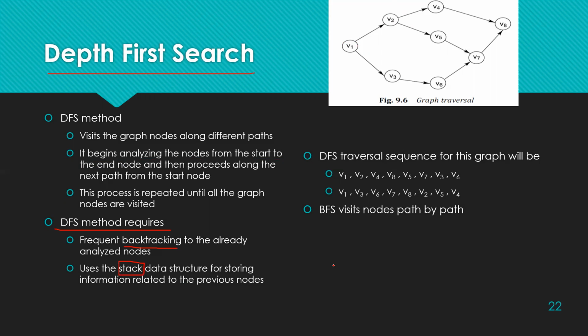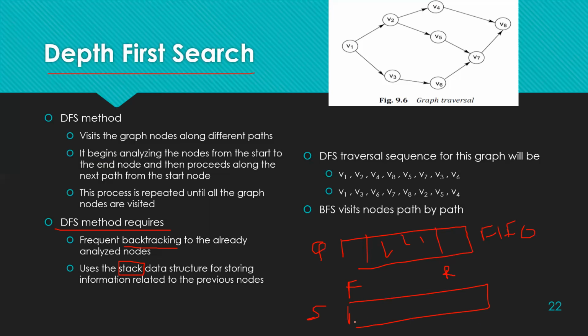So in a queue, what is the logic? If I have a queue, the elements are inserted at the rear end and deleted from the front end, and it works on the principle of first in, first out. And if I have a stack, I insert at the top end of the stack, and from the top end only I delete.